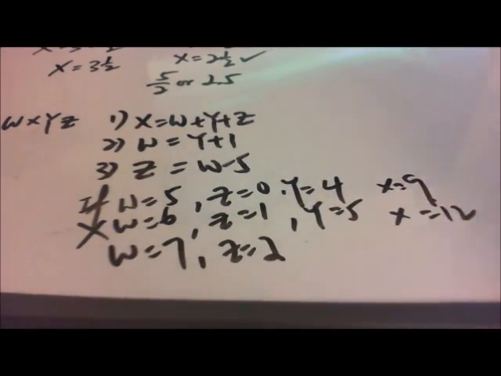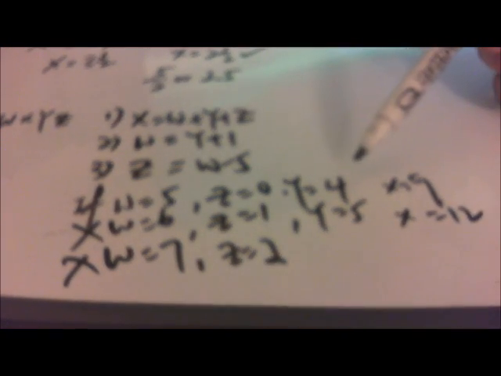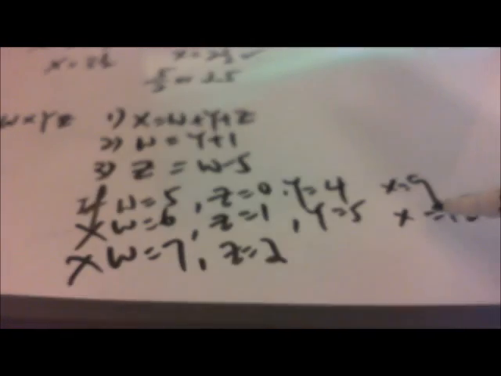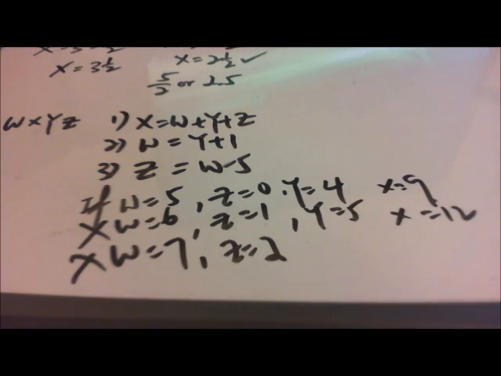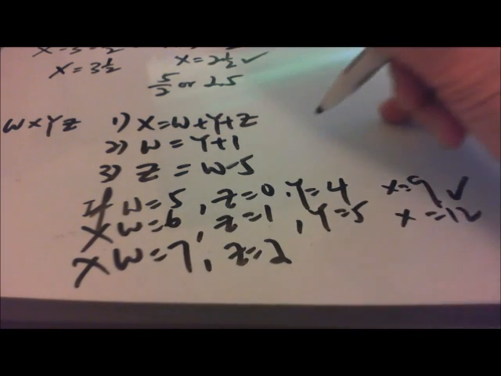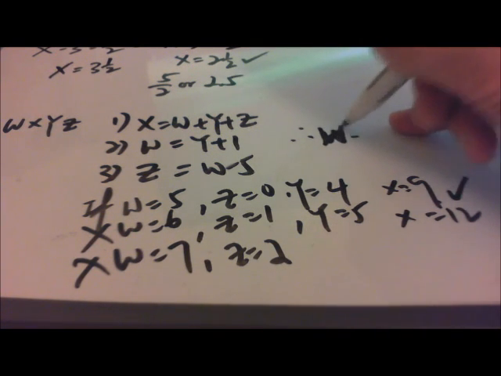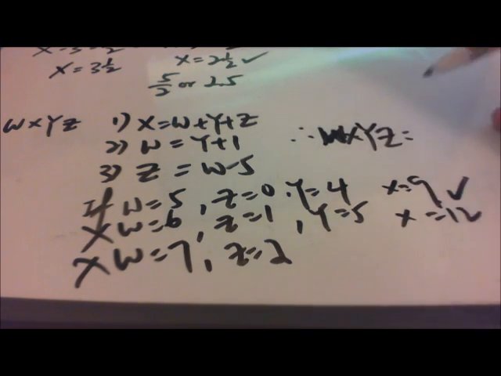You notice that w equal to 5, z equal to 0, y equal to 4, x will be equal to 9. This will be w plus y plus z. So these are the choices. Therefore, w, x, y, z is equal to 5, 9, 4, 0.